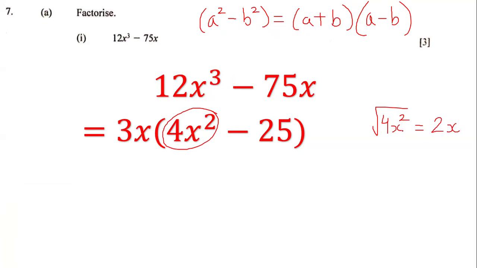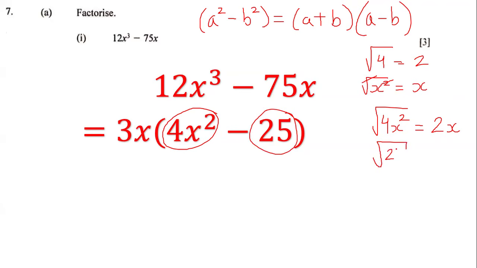So that means that the square root of 4x squared is 2x, because the square root of 4 is 2, and the square root of x squared is x. Next, we have to take the square root of 25. What's the square root of 25? Well, the square root of 25 is equal to 5, because 5 times 5 is 25.